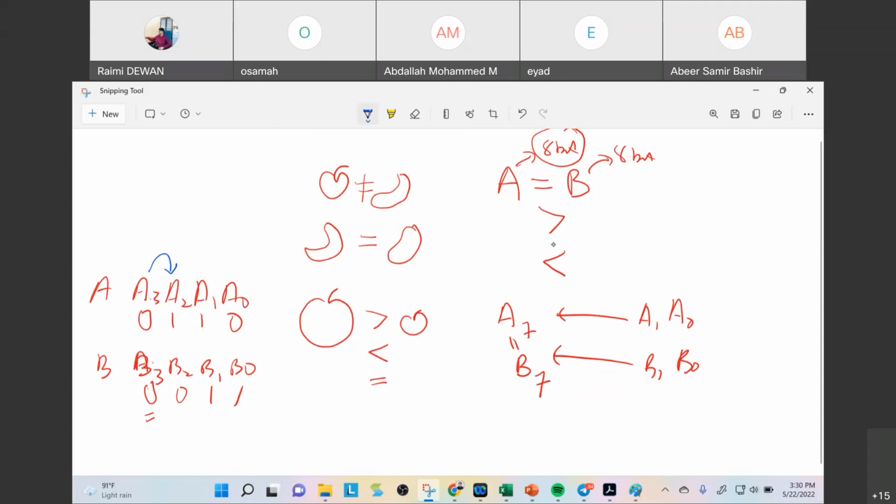From here, it is greater. So we stop the operation. No more comparing, because we already know that A is bigger. Why? Because at the second most significant bit, A2 is bigger than B2. So A overall is greater than B.